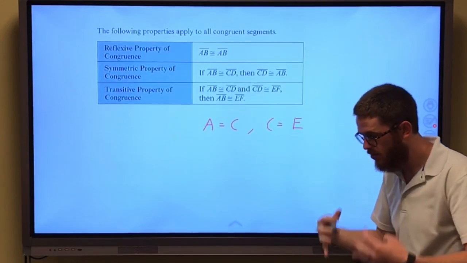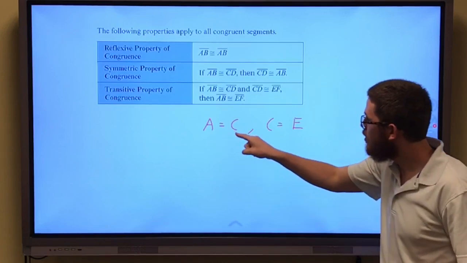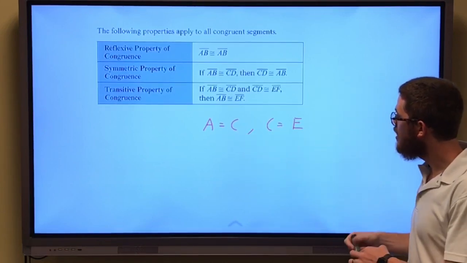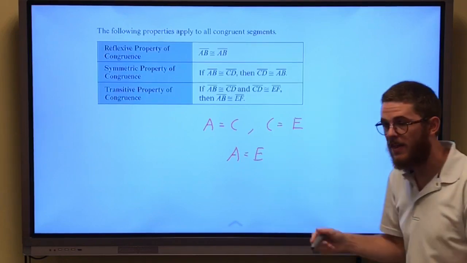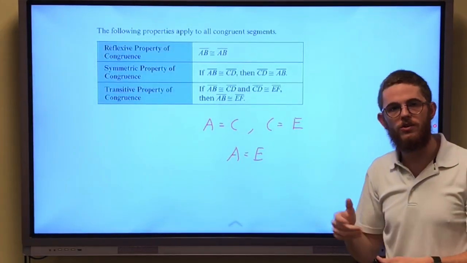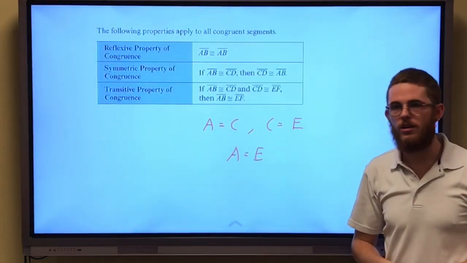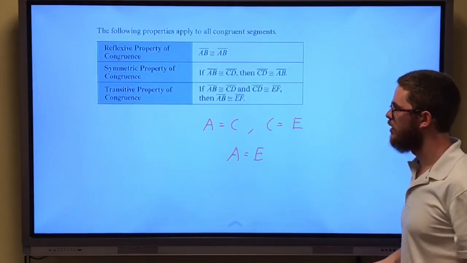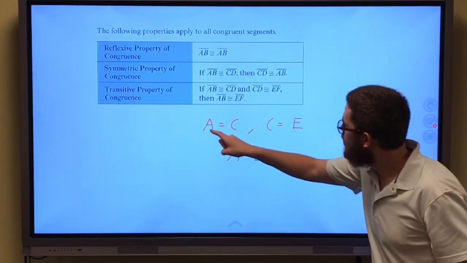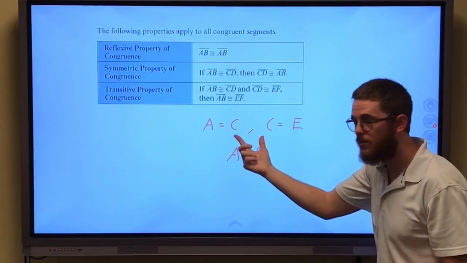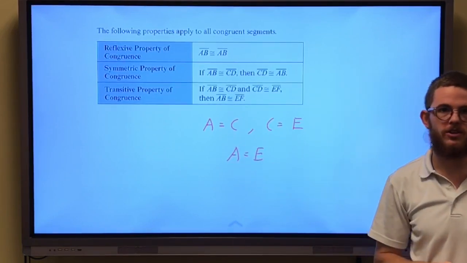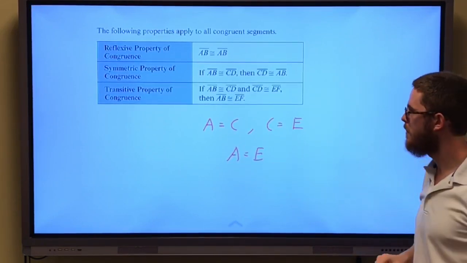I'm just simplifying this. If A equals C and C equals E, then doesn't it make sense that A would equal E? That is what we're saying here, but we're just using our understanding of segments and congruence. Bridging through that C, A must equal E. That is our transitive property.